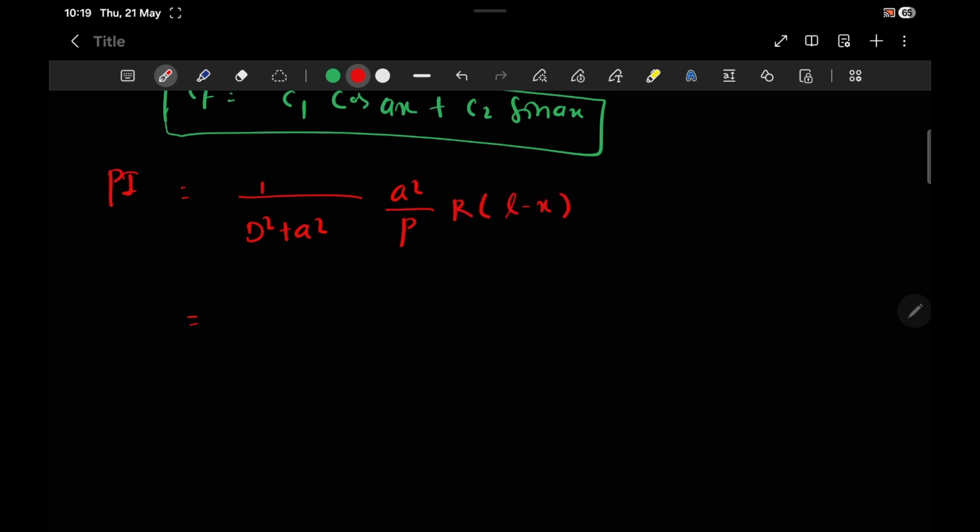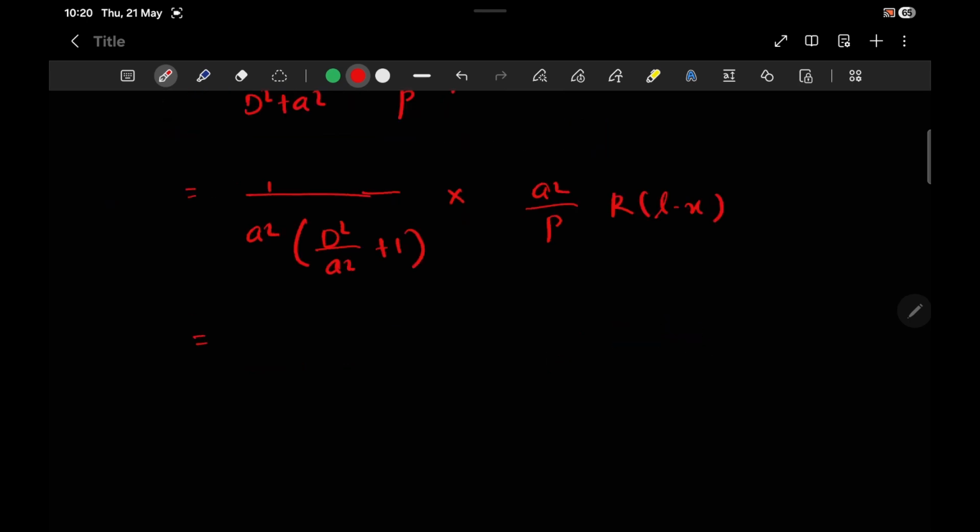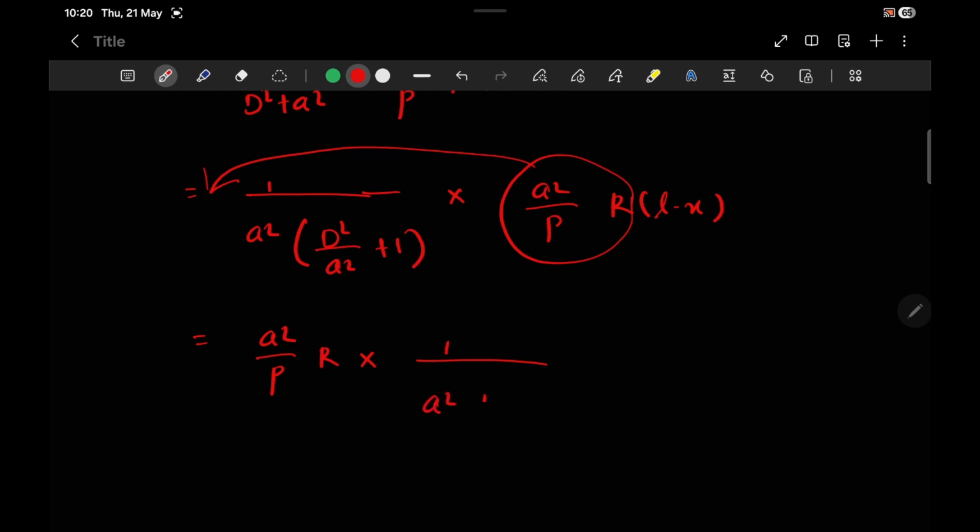Let's take a square in common, so it becomes D square by a square plus 1, multiplied by a square by pr into L minus x. As this term is constant, we can take it to the left of the function of D. So a square by pr multiplied by 1 by a square into 1 plus D square by a square, of L minus x.